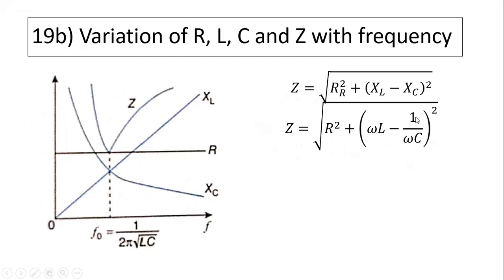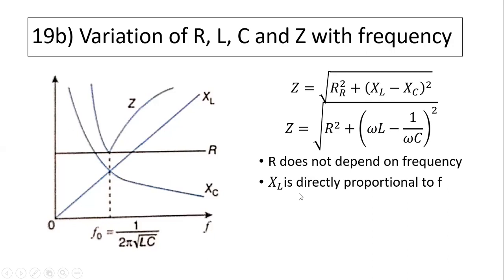As your frequency increases, your XC decreases. There is a point where the two are equal, where XL minus XC is 0. In this case, your Z becomes your R.